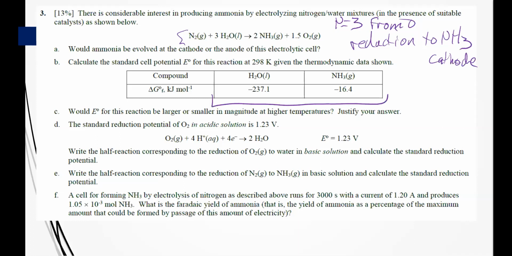Now they've given us our delta G's here, and they want us to find our standard cell potential for this. Did they give us all of the delta G's that are inside that equation?